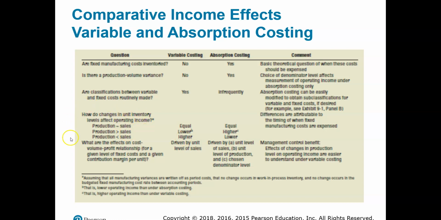So this right here is going to be key. You're going to need to know this because this is going to help you think things through, help you solve certain problems, of course, and be able to make some identification. So you want to make sure that you are aware of how production relates to sales and what happens to operating income under each method.